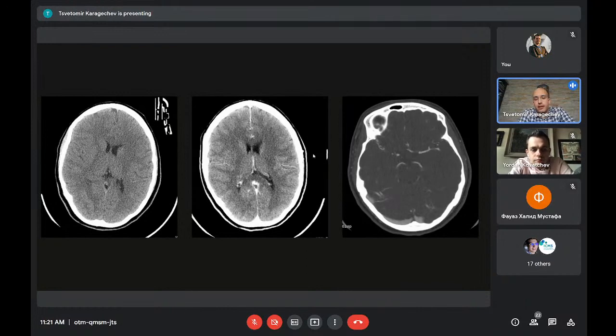Then on the second picture, you see a head CT with application of intravenous contrast, and we do that when we want to look for blood-brain barrier breakdowns like in neoplastic or infectious lesions. And the last picture on your left is a CTA or a CT angiogram, and this is actually vascular imaging.